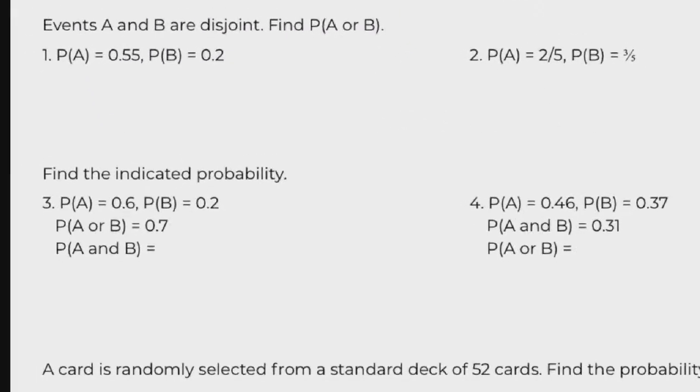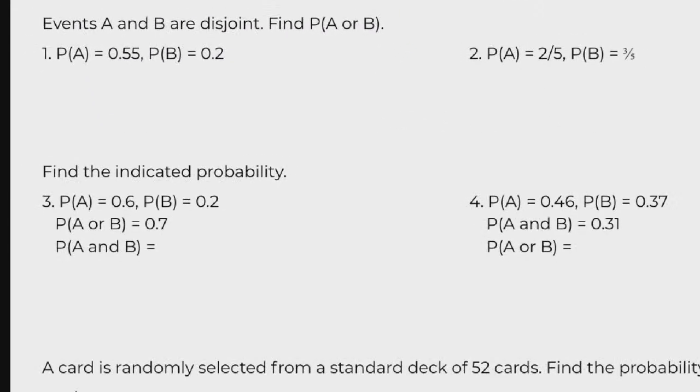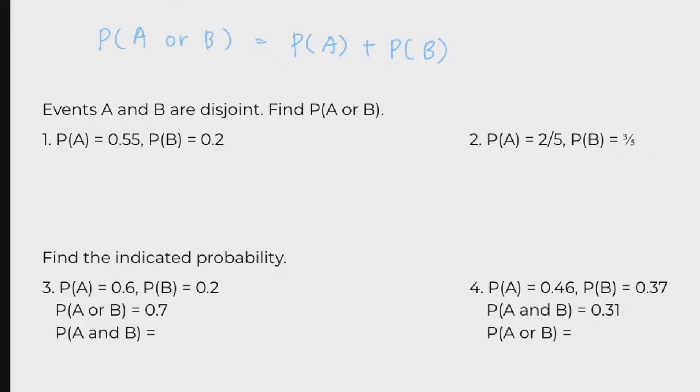Okay, so in numbers 1 and 2, we want to find probability of A or B given that they are disjoint. So we're going to be using this equation here. So probability of A or B is going to equal probability of A, which is 0.55, plus probability of B, which is 0.2.